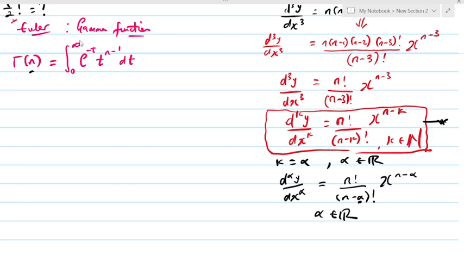And don't forget gamma has some properties. Let me just write the properties of the gamma function out here, and they will be very useful for us in this fractional calculus. We have property 1: gamma of n plus 1 is equal to n factorial.